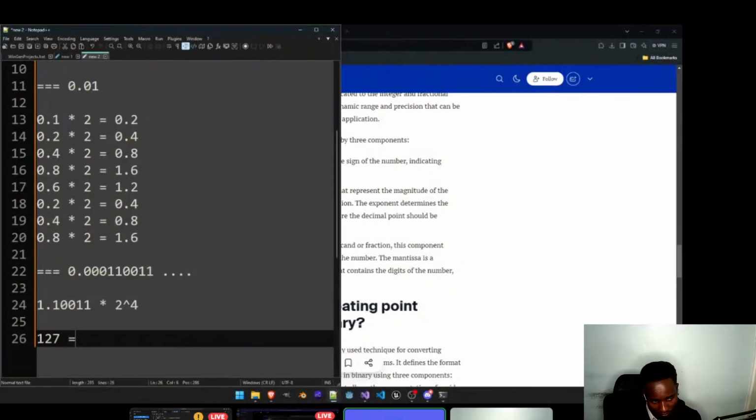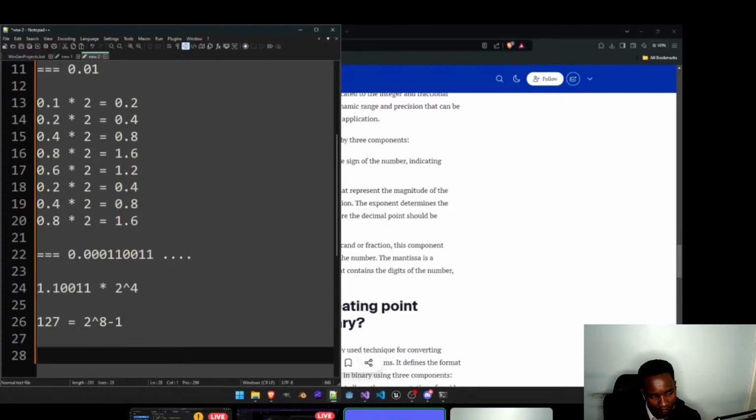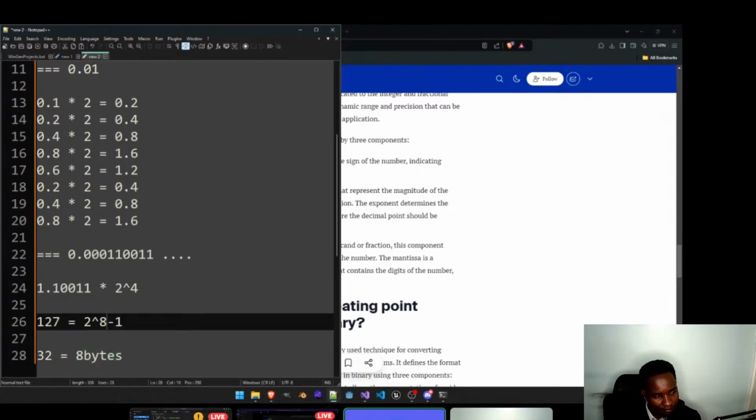This is 2 to the power of 8 minus 1. Why? That's because 32 bits is 8 bytes. So 2 to the power of 8 minus 1. That's how they calculate the bias.